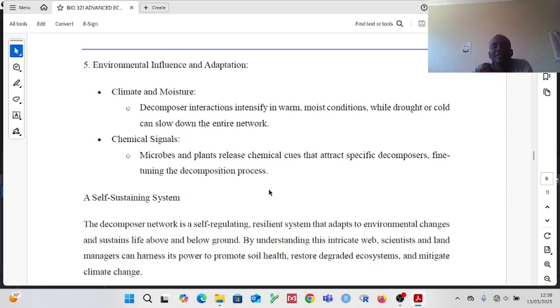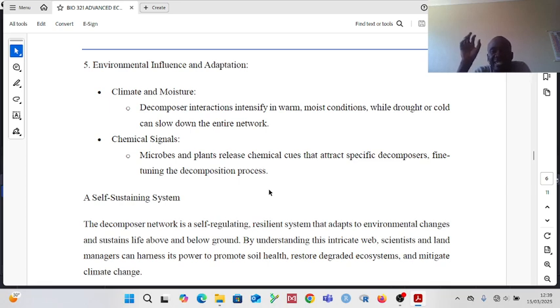But when there is not enough moisture, that is during a drought, or if it is too cold, that the temperatures are too low, then we don't expect to have such a lively interaction. So the intensity in the breakdown, the intensity in the decomposition will change in line with the climate and the availability of moisture.